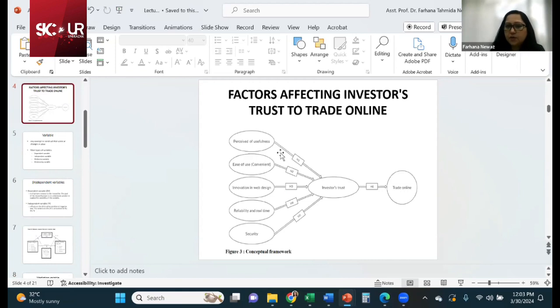For this conceptual model, you can see that trading online is not directly affected by all these independent variables; via investors' trust they actually affect whether people will be trading online or not.